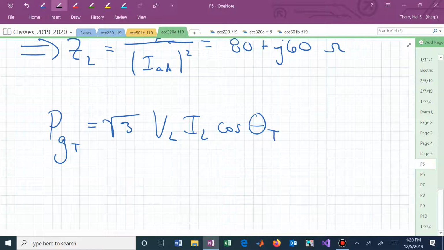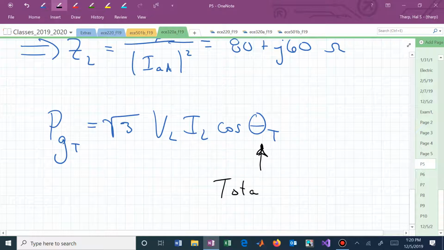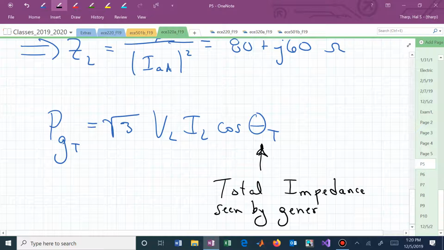What makes up this? In this case, what does the generator see? It sees the transmission line and the load. We need to add those pieces together to get the total impedance, and then we find the angle of that impedance and call that theta sub t.